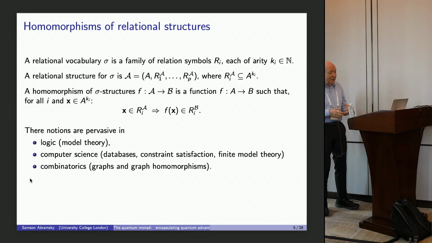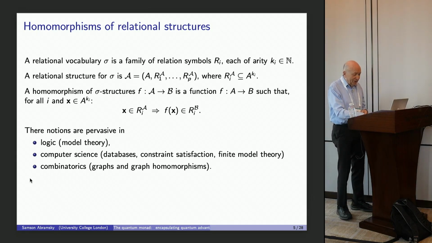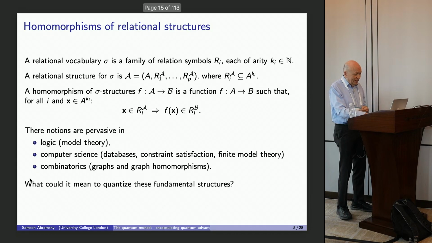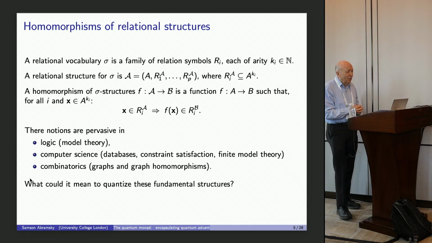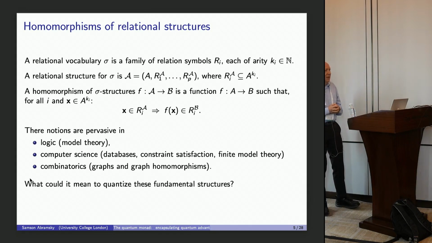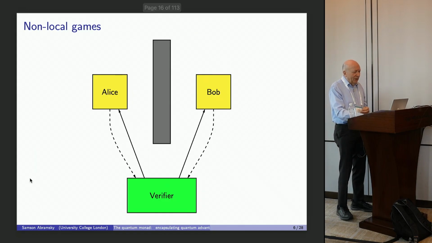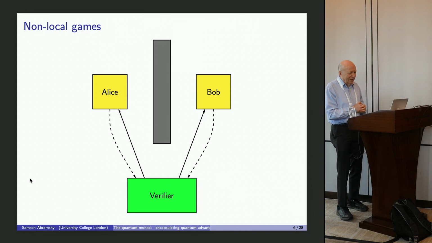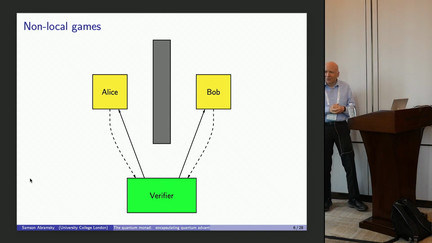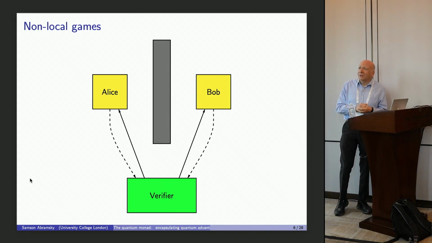Finite model theory and descriptive complexity are all about these things. It is also important in combinatorics as well. So these are very pervasive notions, and what we can ask is the question, what would it mean to quantize these fundamental structures? So here's the sort of paradigm I want to discuss of non-local games.